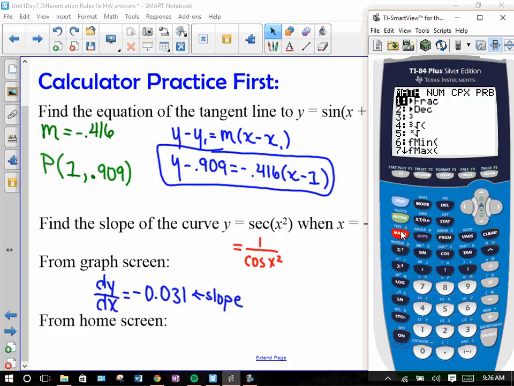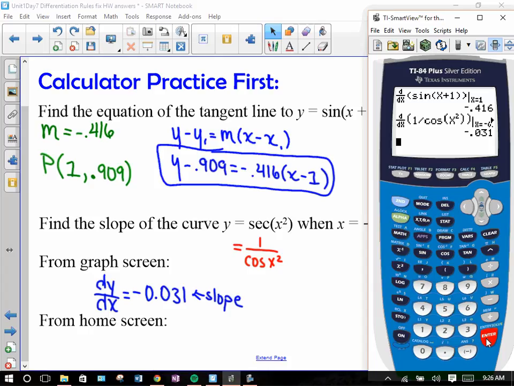You hit math 8. So we would expect the derivative of tan x, and it is 1 divided by cosine squared of x. And it's going to be at x equals negative 0.25. We should get the answer, negative 0.02.